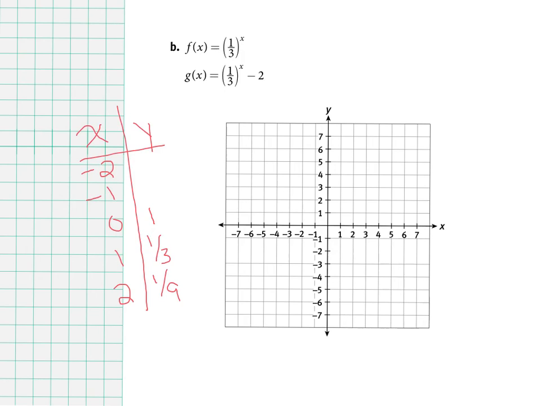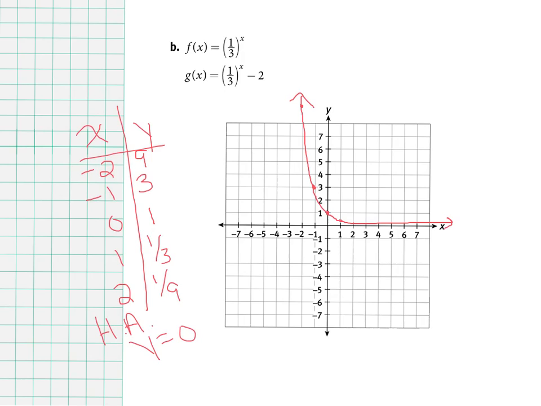Going backwards, when x is -1, I actually get a 3. And when x is -2, I get a 9. So that would be way up there. And notice we do get a decreasing graph. Horizontal asymptote is still at y equals 0.